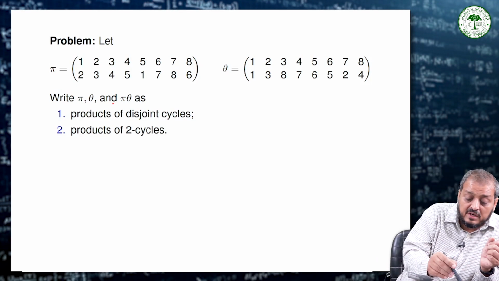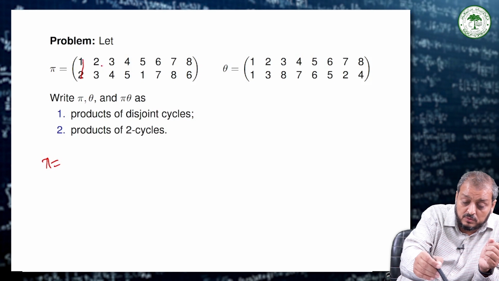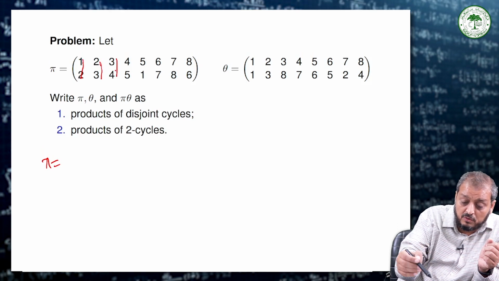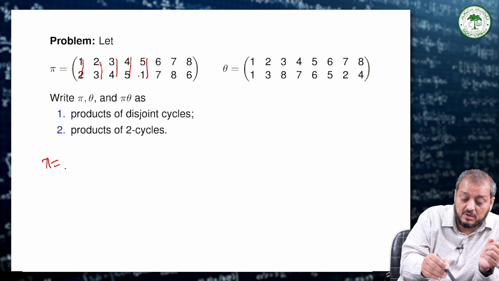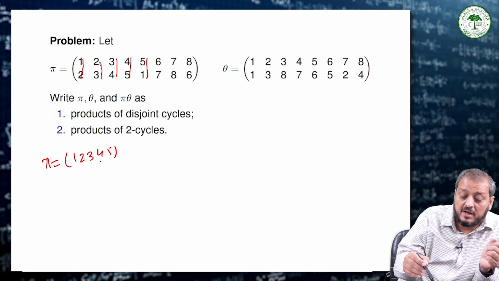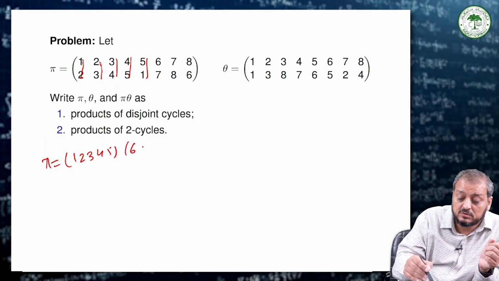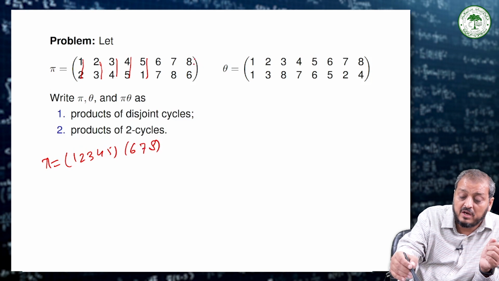So pi can be written as 1 goes to 2, 2 goes to 3, 3 goes to 4, 4 goes to 5, and 5 goes to 1. So this is the cycle 1, 2, 3, 4, 5, and now 6 goes to 7, 7 goes to 8, and 8 again goes to 6.